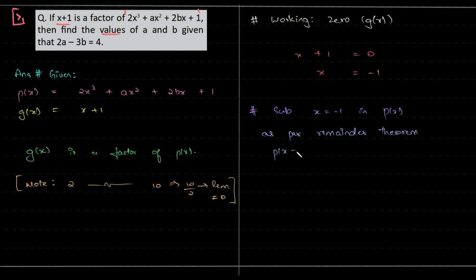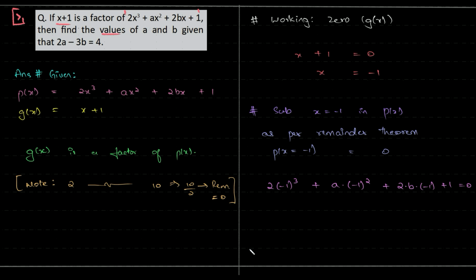P of minus 1 should give us an output of 0. That is, in place of x, if I put minus 1, the output should be equal to 0. So what we can do is 2 of minus 1 the whole cube plus a into minus 1 the whole square plus 2 into b into minus 1 plus 1 is equal to 0.